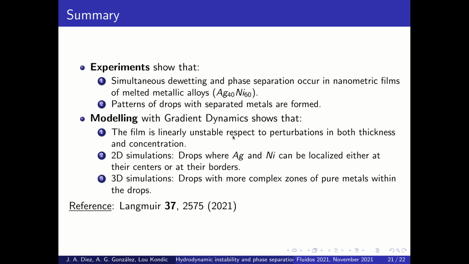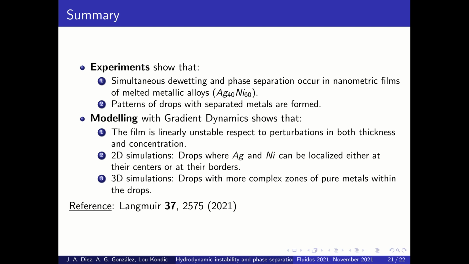As a summary, I could say that we have shown experiments where there are simultaneous dewetting and phase separation in nanometric films, and there are patterns of drops which show the metals of the alloy separated.